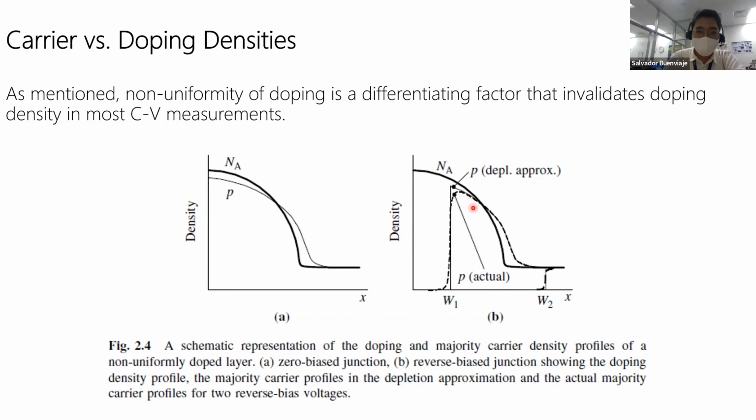So here, actual is the experimental data, the broken lines. Then the calculated P, or the calculated carrier density, is this straight line here. So you can also see that there is an observable deviation.